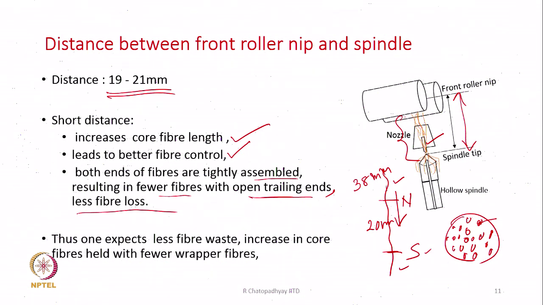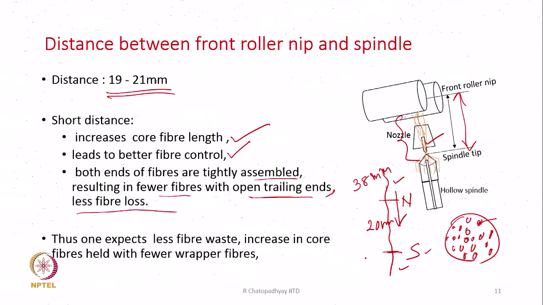From nip point to the spindle tip, the longer the fibers, since most of the fibers will be simultaneously gripped by the front roller nip and by the spindle tip, they are not going to be lost. Fibers which are shorter, or if I increase this distance of 20, then chances are that many fibers will be lost. Thus, one expects less fiber waste and an increase in core fibers held with few wrapper fibers.